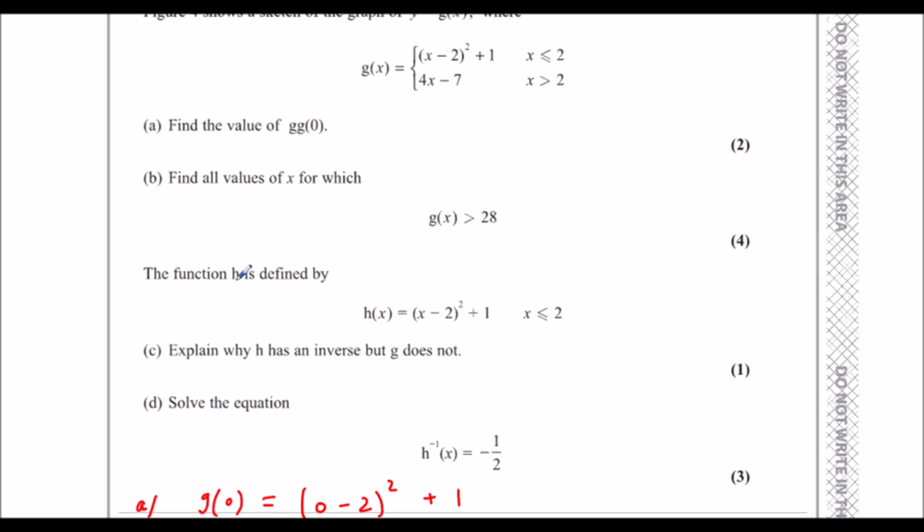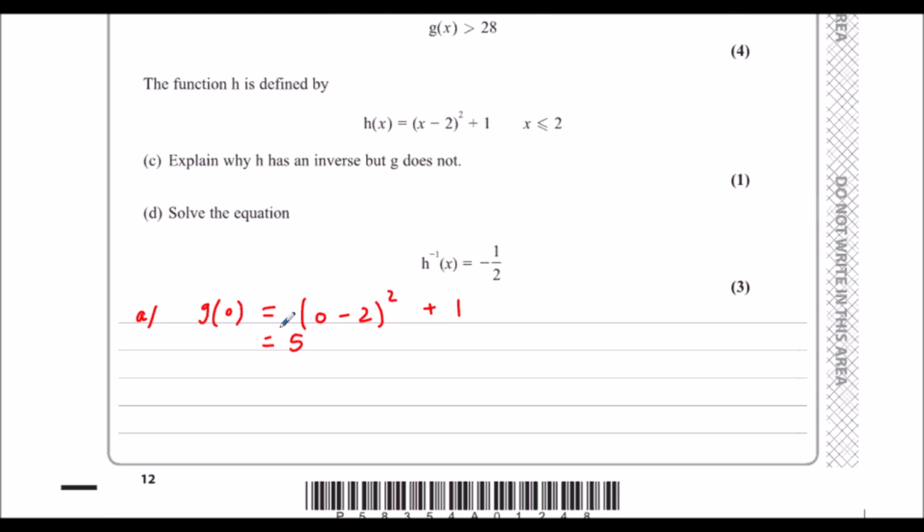And we're going to put 5 in now. We use the bottom one now, x is now bigger than 2. So it's 4x minus 7. 4 fives minus 7. 4 fives are 20. 20 minus 7 is 13.